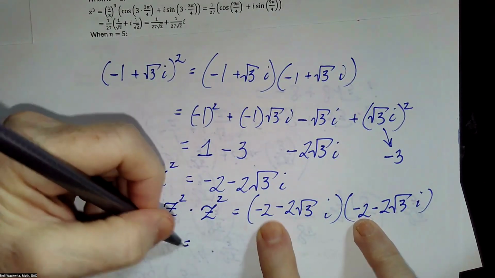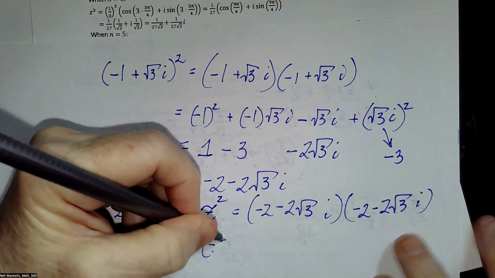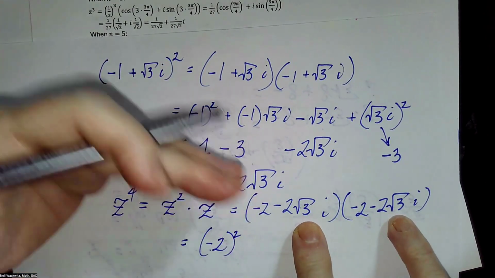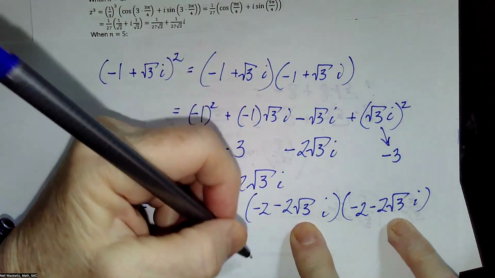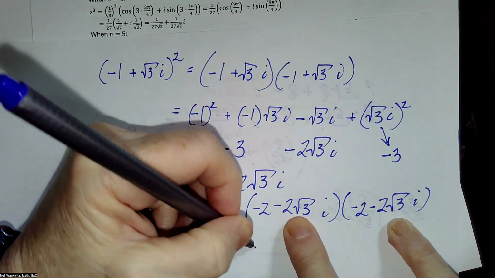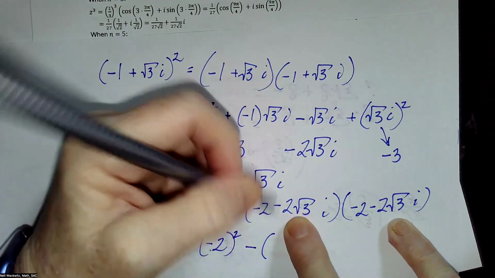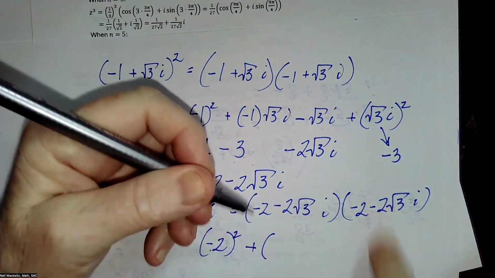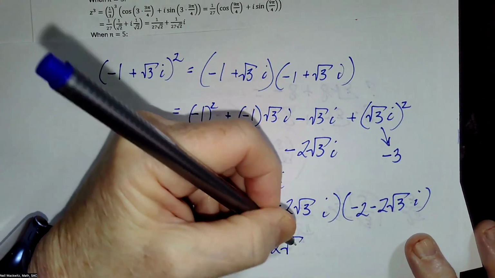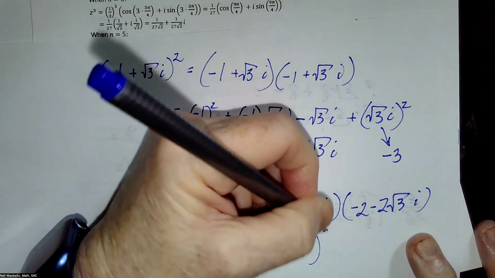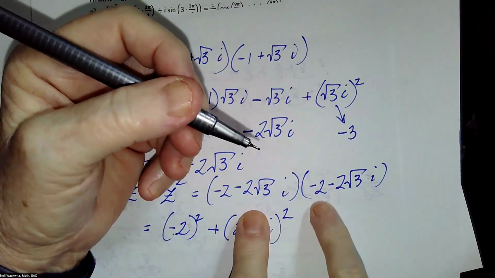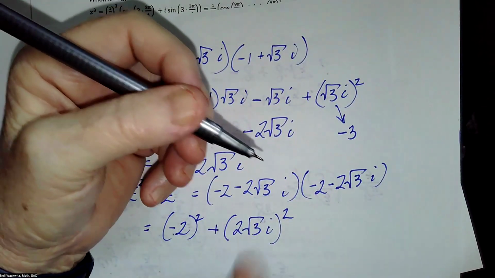Okay, and then this time we've got negative 2 squared. Let's do the other real part. So we've got minus, well, we're going to have a plus. So we've got negative times a negative, so 2 square root of 3i squared. And this is also going to be positive.